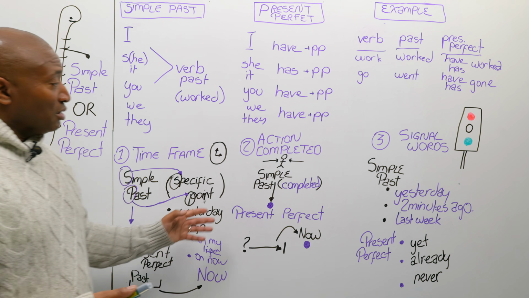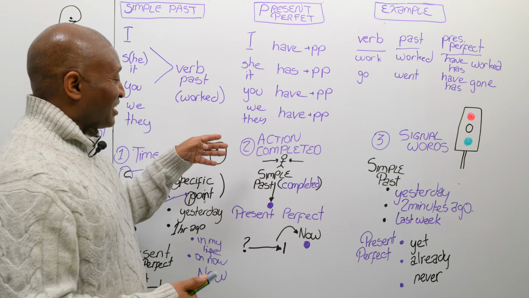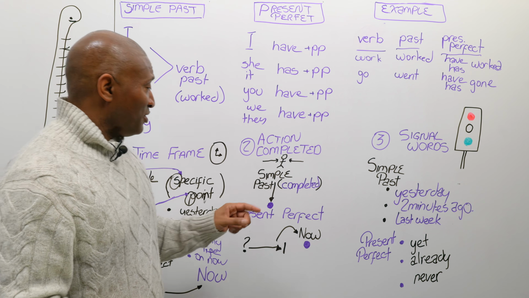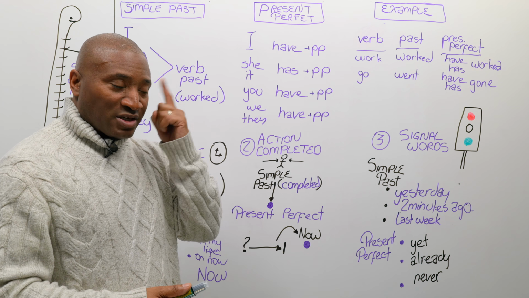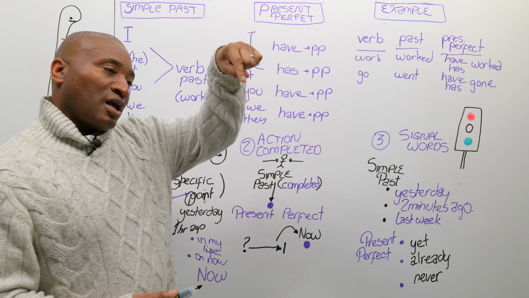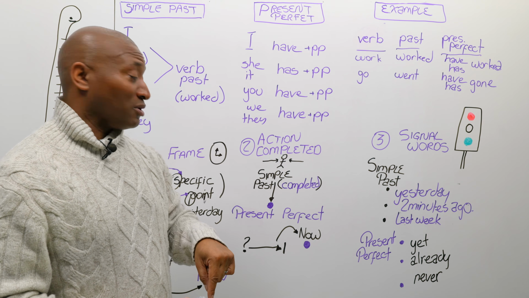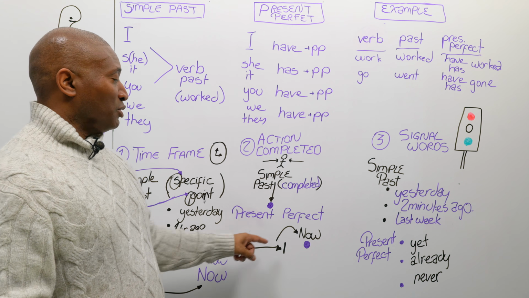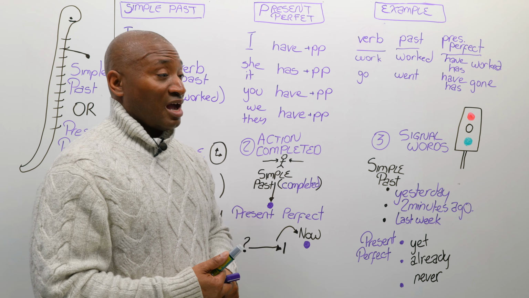Yeah? We went to talking about completed actions, that we know that something was completed in the simple past at a very specific time. And that's why we did that specific point, SP, simple past, SP, to remind us it's always a very specific point. Simplifying this for us. With the present perfect, we don't know, but we know it affects us now. That was the dinner thing. Have you eaten?